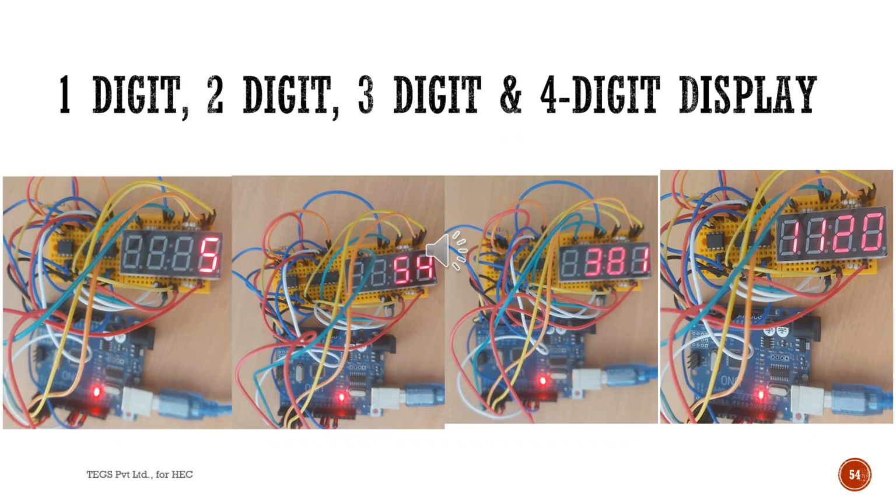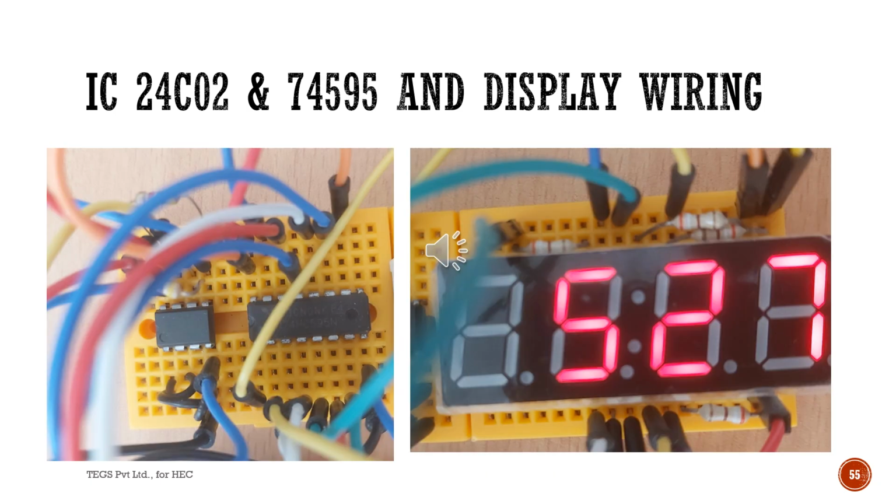The photograph of the working model developed with 1 digit, 2 digit, 3 digit and 4 digit displays is presented in this page. The complete unit with EEPROM 24C02, 74HC595 and the 4 digit display is captured in this image.